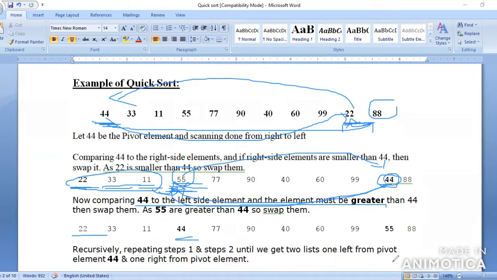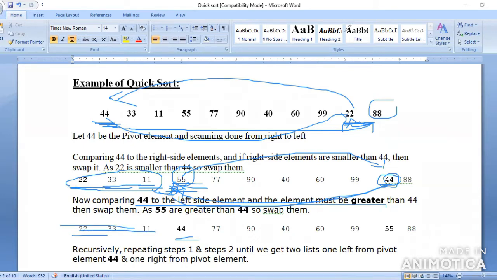So you get two lists, one on the left of the pivot element and one on the right. The left side of the pivot element has values lesser than it, and the right side will be greater, so you swap. Based on that, you do the same for step 1 and step 2 of the given problem.